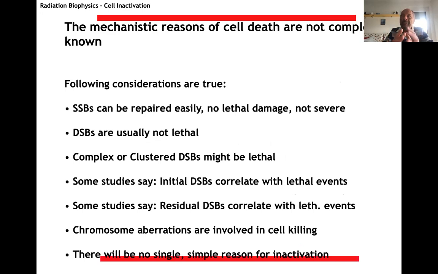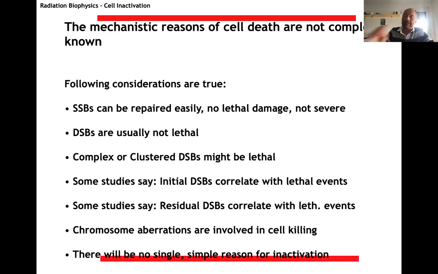Now, the correlation between radiation and cell death is of course very complex. We know a few things. We know that single-strand breaks, generally speaking, are not lethal. We know that double-strand breaks also generally are not lethal, and can be repaired. We have seen that there are sophisticated mechanisms of repairing double-strand breaks, but complex clustered double-strand breaks become more lethal.